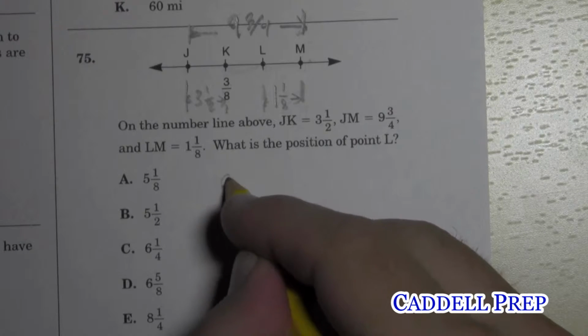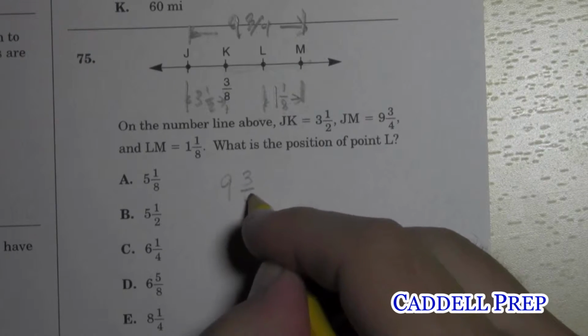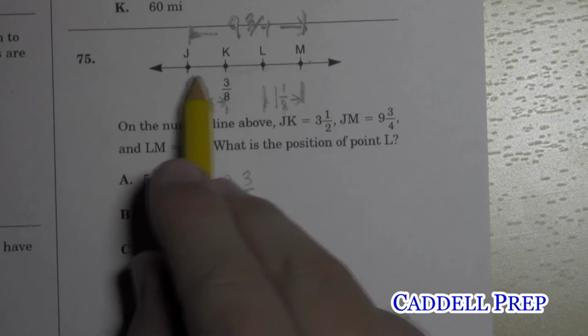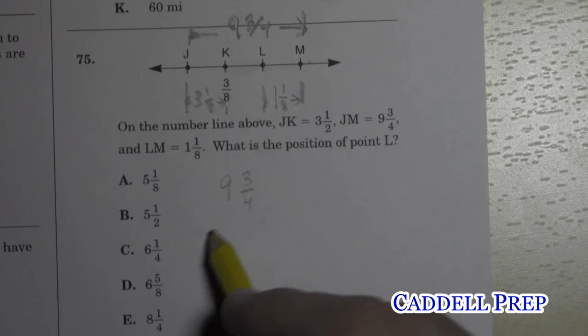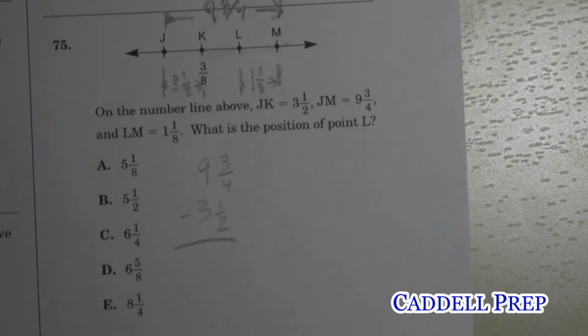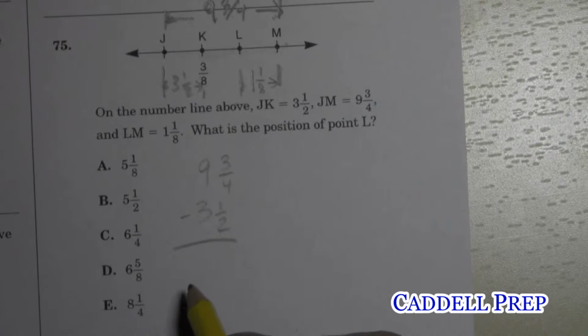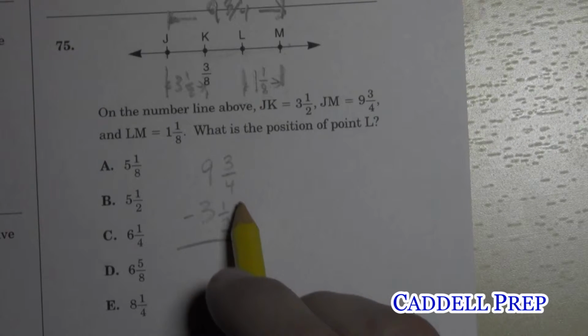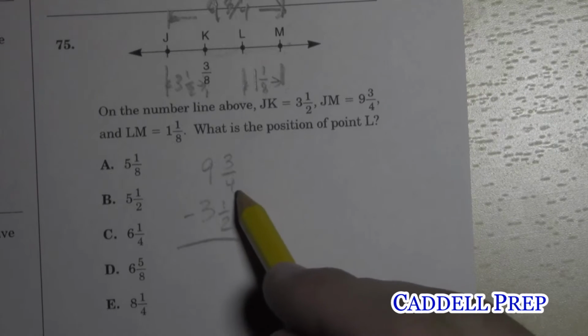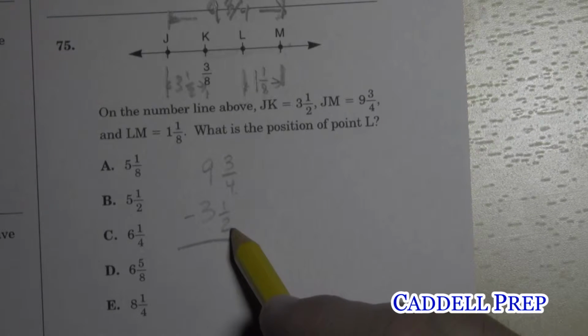So we have 9 3/4, and I'll subtract JK away first. Minus 3.5. So first we have to get common denominators. Okay, this is 4, this is 2.